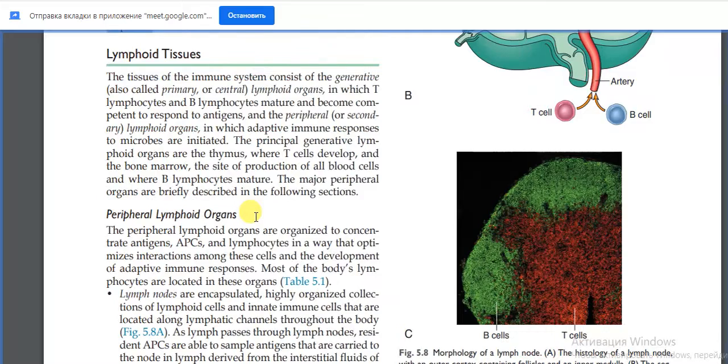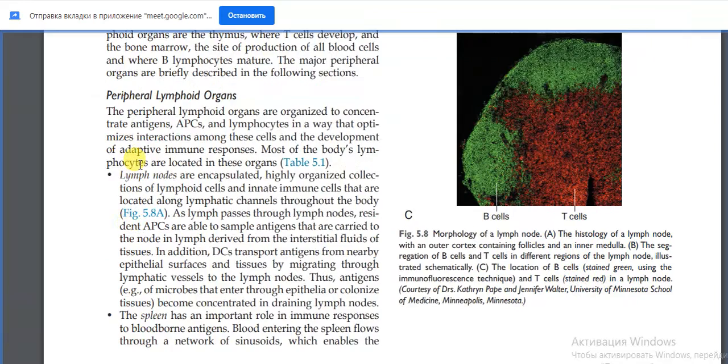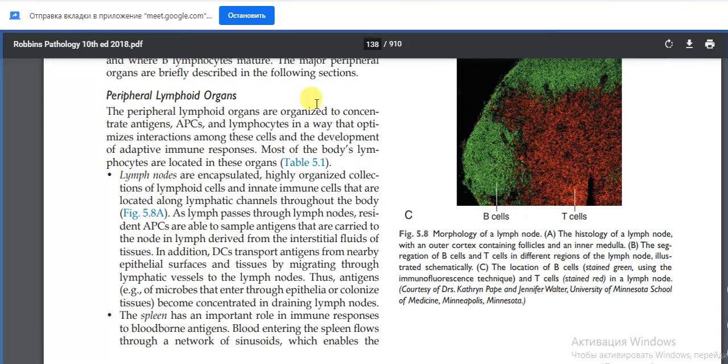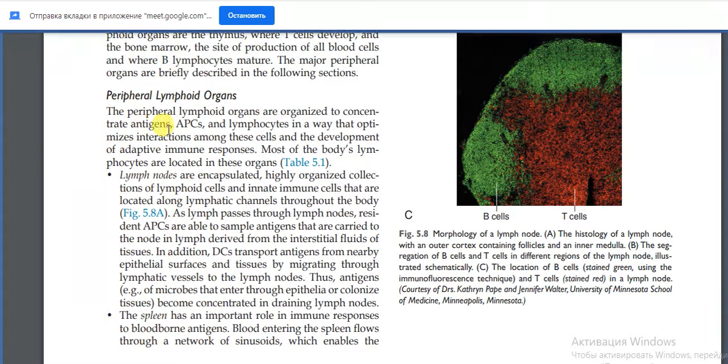So briefly, let's talk about peripheral lymphoid organs. They are organized to concentrate antigen-presenting cells and lymphocytes in a way that optimizes interactions among the cells and the development of adaptive immune responses. Most body lymphocytes are collected there. So you see, it's a specific site where lymphocytes are very closely packed with antigen presenting cells.